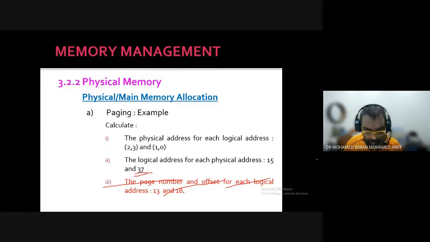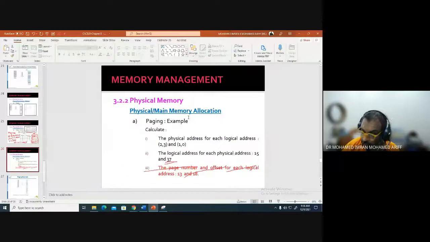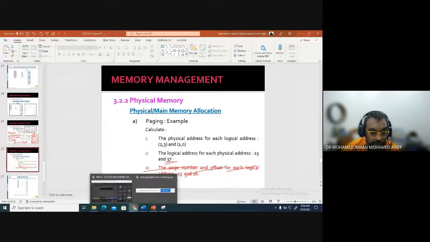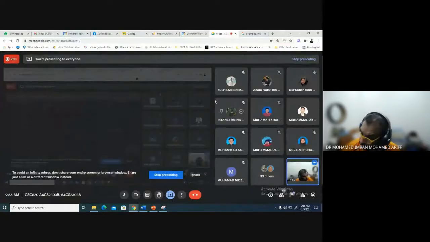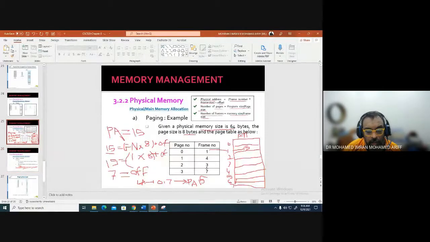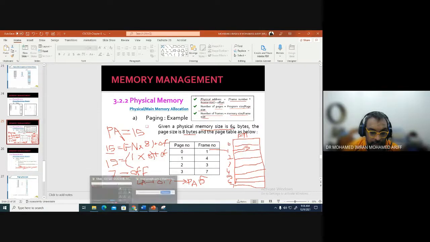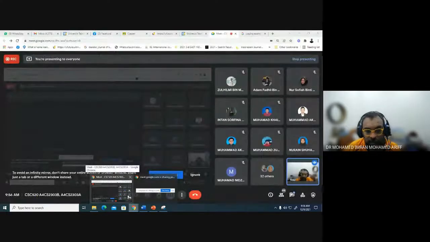Sophia or somebody else, what do you get? I got 15. Do you know why you were wrong earlier? The one who answered 45, why? You answered with the frame number. You have to give the page number. Okay, that's the only difference. I was about to give a bonus mark but you answered wrongly.